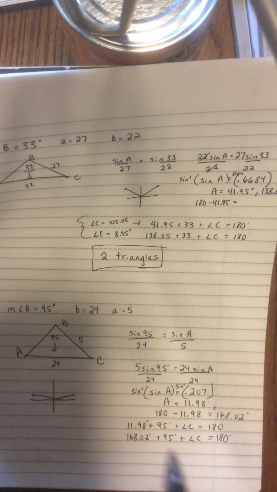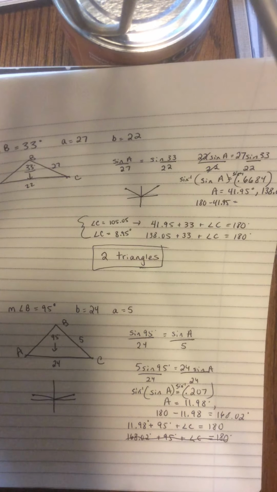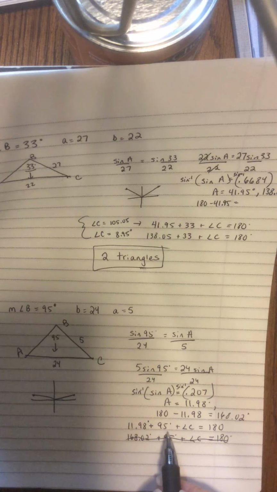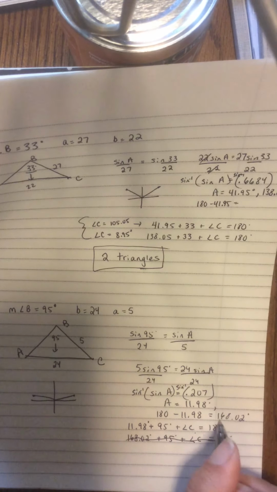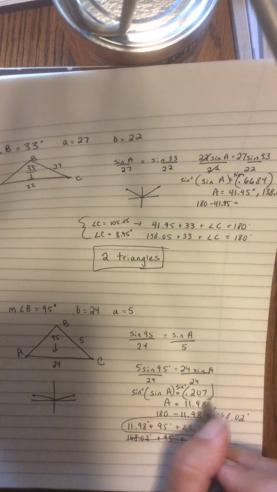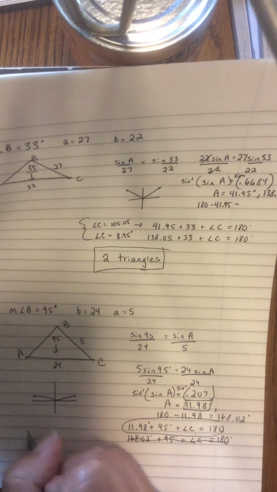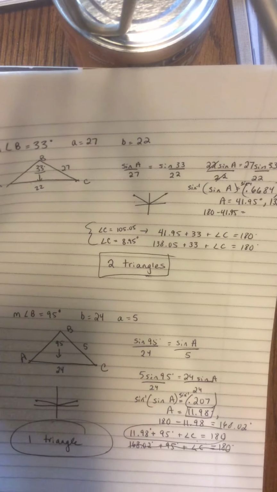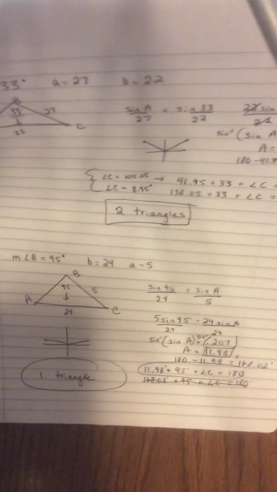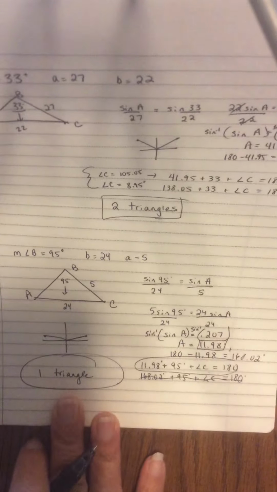Well, this is way too big. No good. Here, that gives you like 107? Plenty of room for angle C, correct? Therefore, we only have one possibility for angle A, meaning there's only one triangle. Sorry if I didn't let you see that.